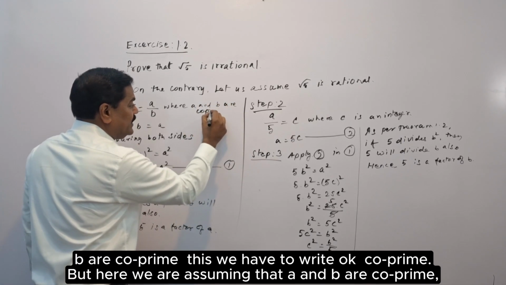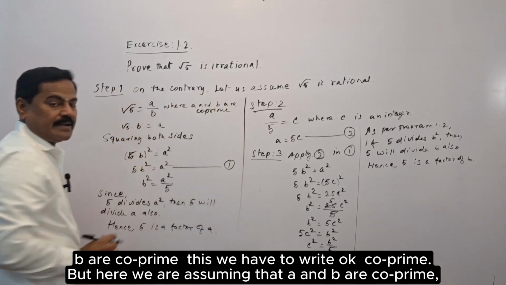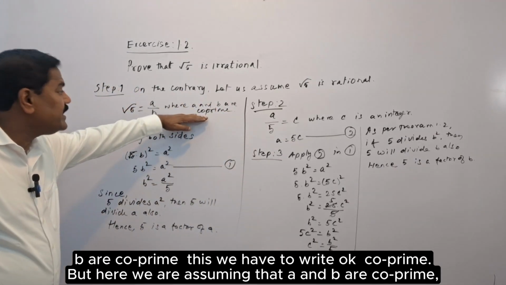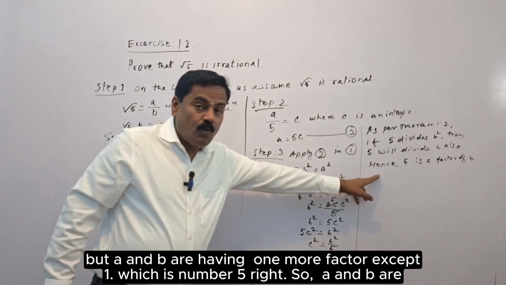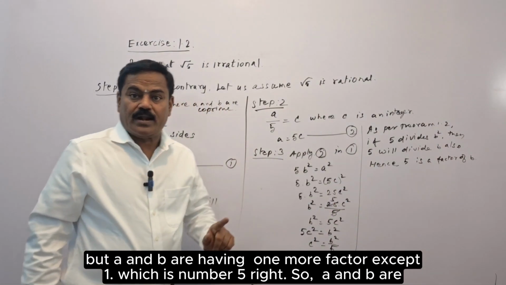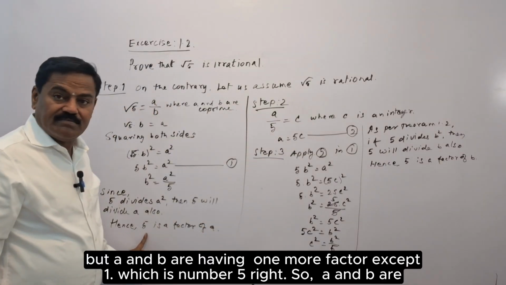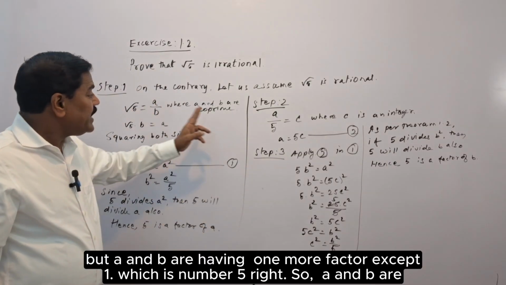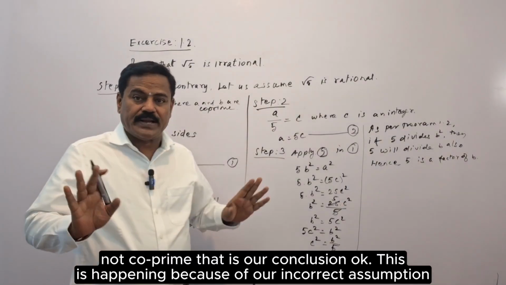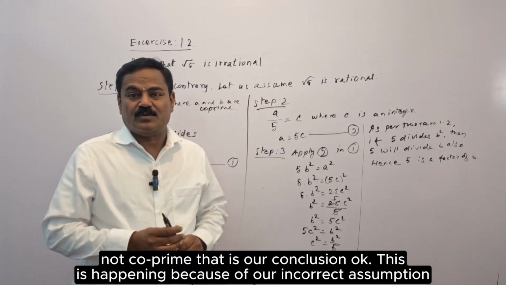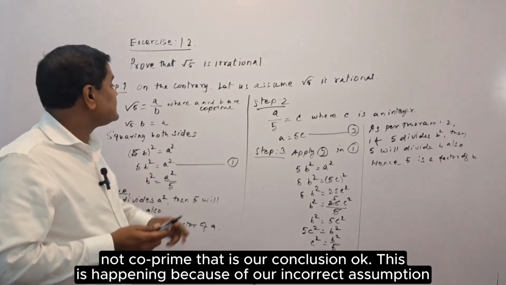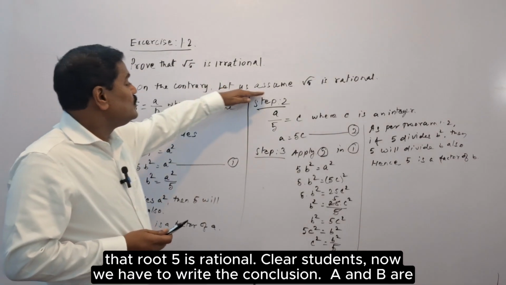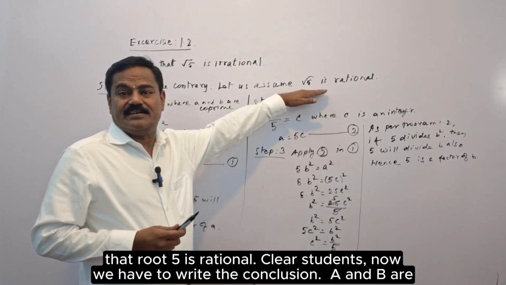This we have to write. But here we are assuming that a and b are co-prime, yet a and b have one more factor except one, which is the number 5. So a and b are not co-prime. That is our conclusion. This is happening because of our incorrect assumption that root 5 is rational.